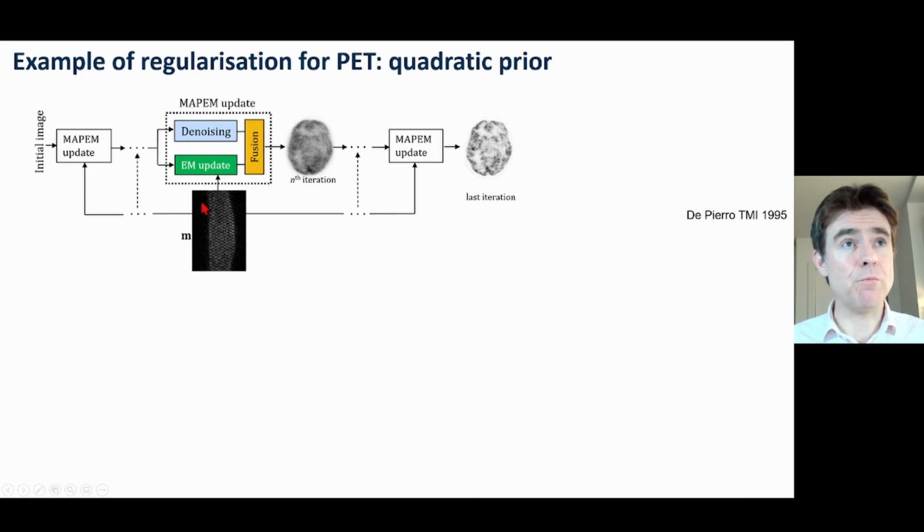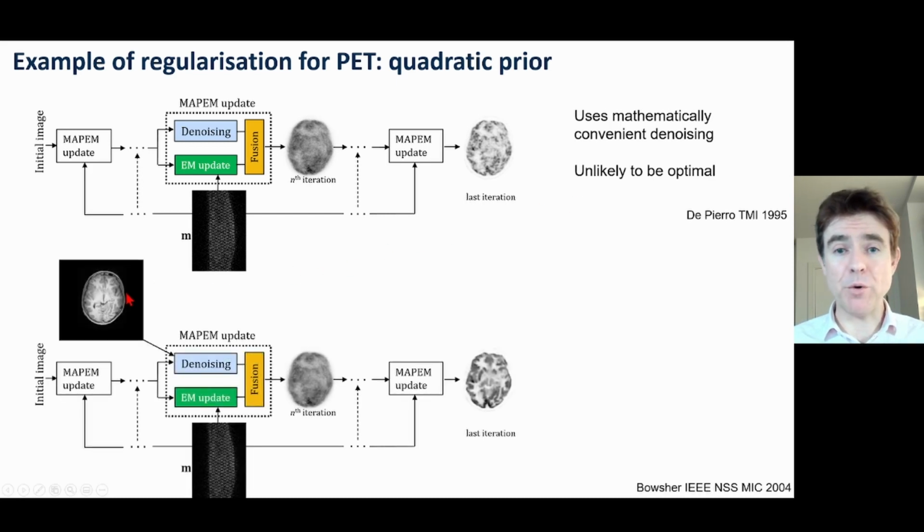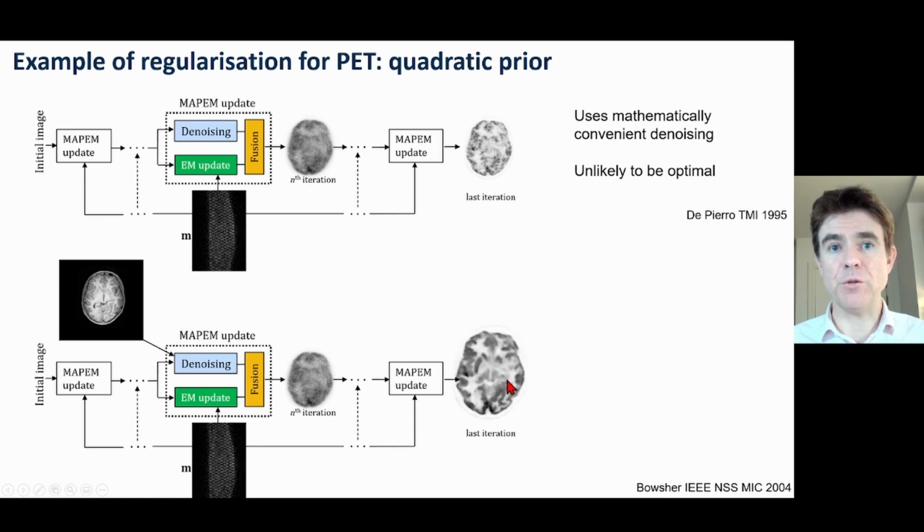Well, conventionally, we do maximum a posteriori EM reconstruction, where we build in a denoising component with that EM update that we've just been touching on, and fuse them together to get an improved reconstruction. But this uses what's known as a quadratic prior, and that's unlikely to be optimal. It's mathematically convenient. We can do better by building MR information into the denoising step, combining that with the data-based EM update step to get improved image quality as shown here. So this is based on guidance weights using the Bowsher method. And you can see here we've got quite a good improvement in image quality.